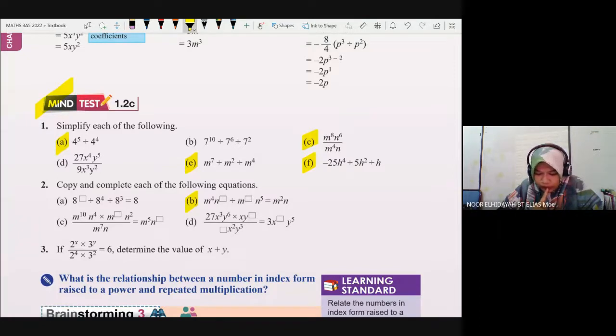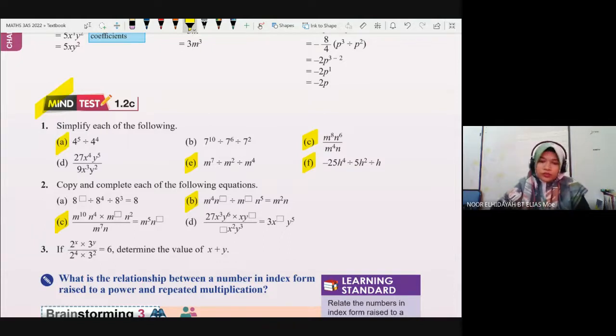So this one B, and awak buat C. Nak selesaikan this one, awak kena apply balik your prior knowledge about algebra. How to solve the linear algebraic equation yang dah belajar semasa Form 2.